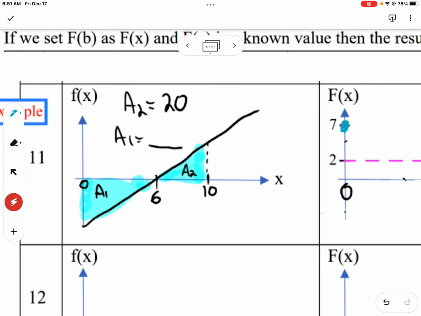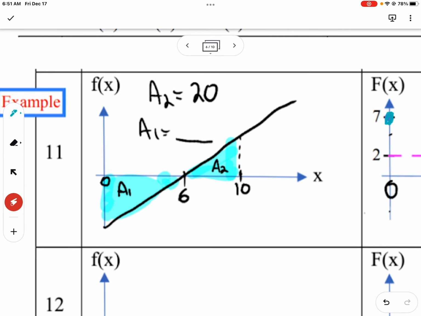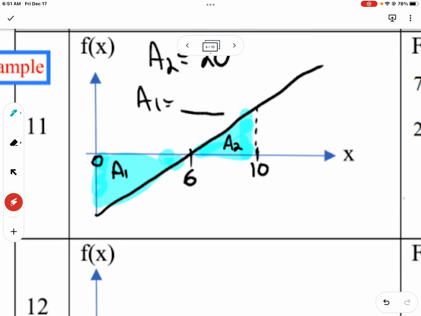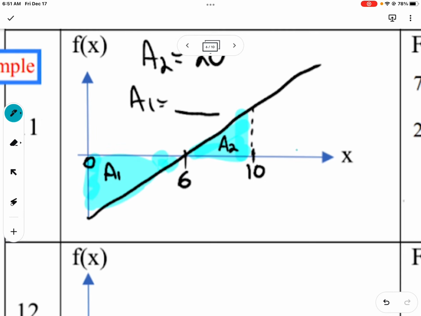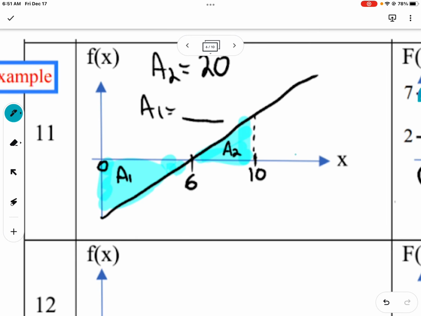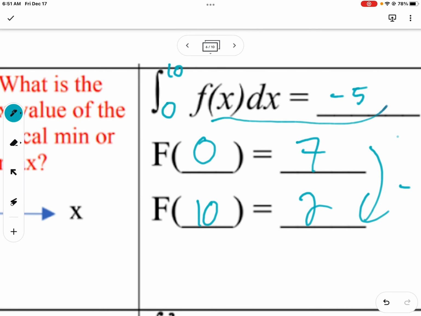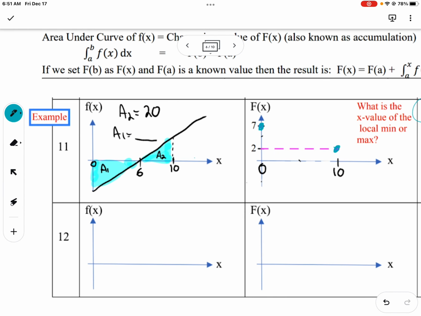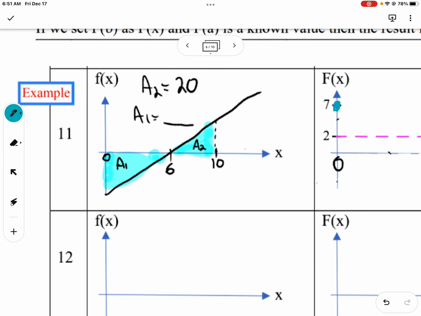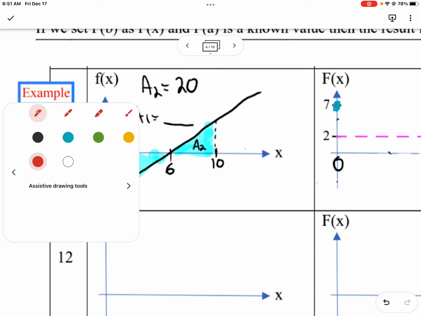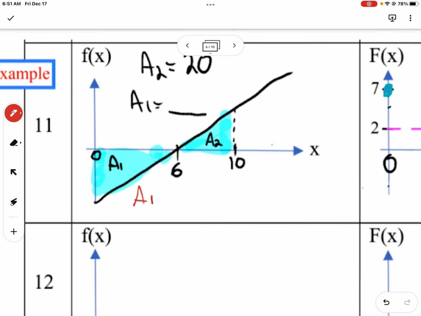Okay, let's see what we can do with this graph. So it says here, and let's see, I've got A1 and A2. So what do I know about A1 and A2 based on what you just learned? Well, the area from 0 to 10 is -5. So then that means that A1 plus A2 equals A total.